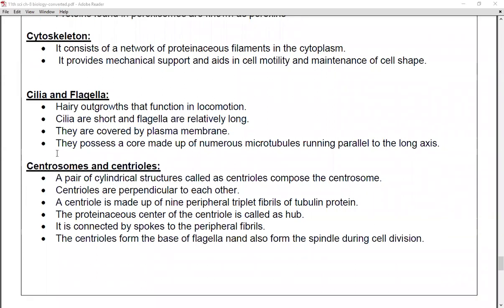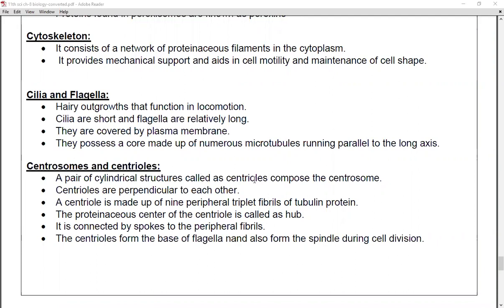Next are the centrosomes and the centrioles. These two are useful in cell division. A pair of cylindrical structures known as centrioles compose the centrosome. These centrioles arise when the cell is about to divide.